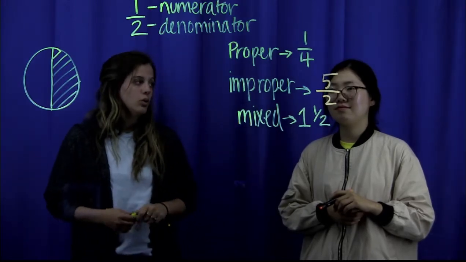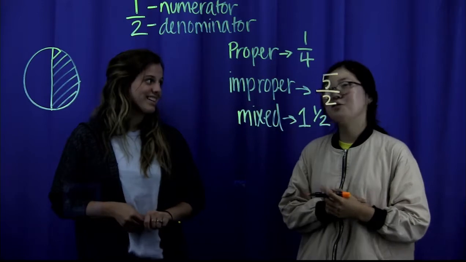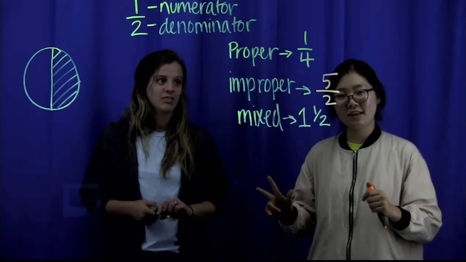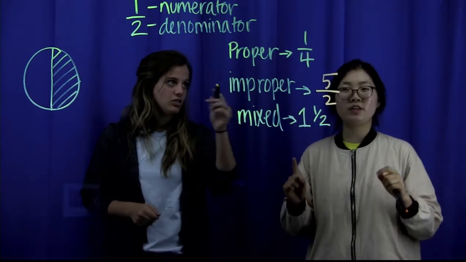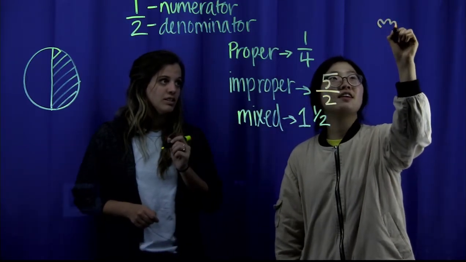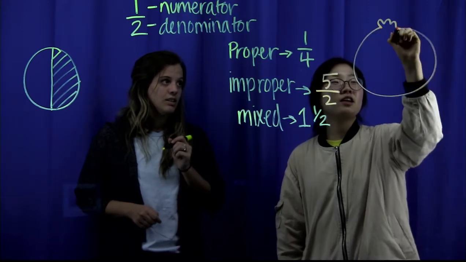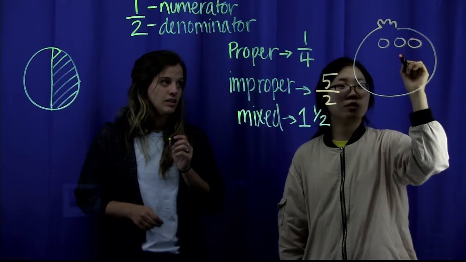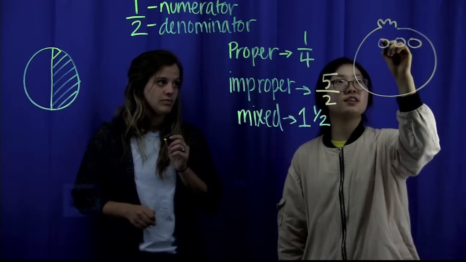All right, so for example, suppose we have 6 marbles and there are 3 red marbles and one of them is blue and 2 of them is green. How many red marbles do you have represented by fraction?